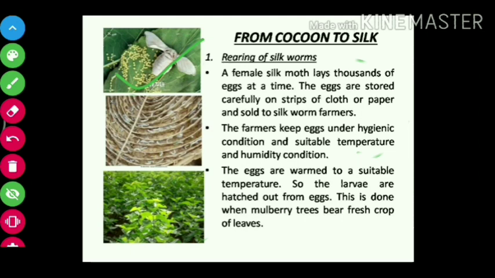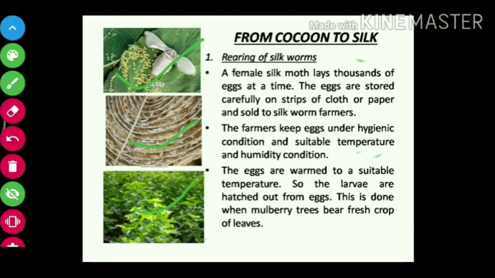Next, the eggs are warmed to a suitable temperature. So the larvae are hatched out from the eggs. So here look, larvae are hatched out from the eggs, and they are kept in bamboo. This is done when mulberry trees bear fresh crop of leaves.